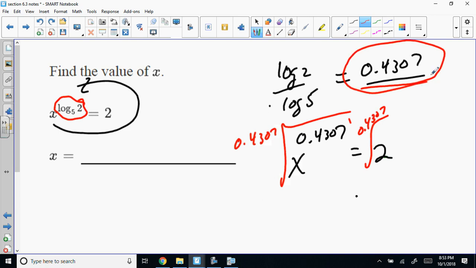So the x is raised to 0.4307 now. If it's raised to a 0.4307 power, how do you get rid of it? I'm going to 4 decimal places, so I'm introducing error. But I'm going to take that root of it, so the 0.4307 root of 2, and you get 4.996, which is probably 5.